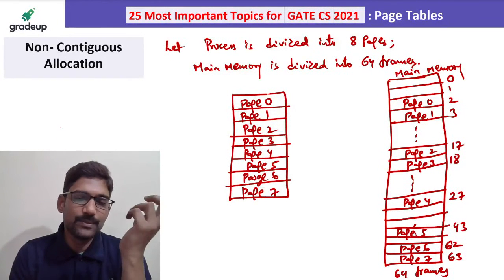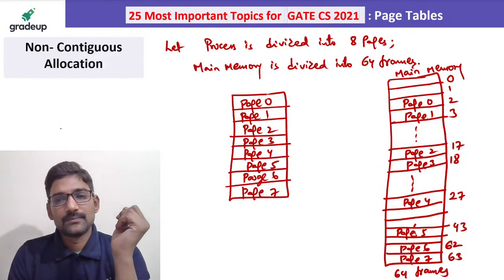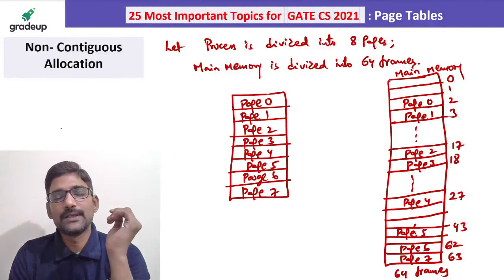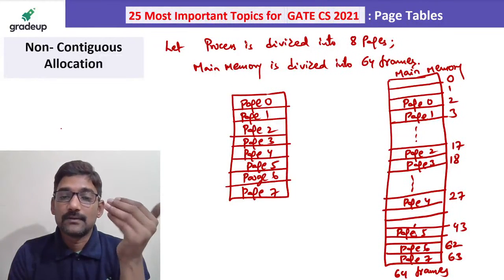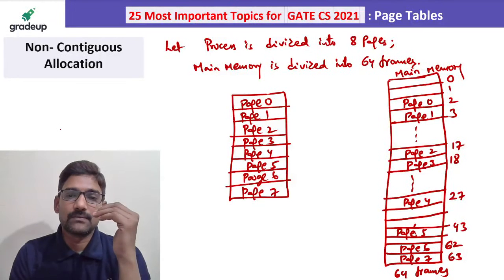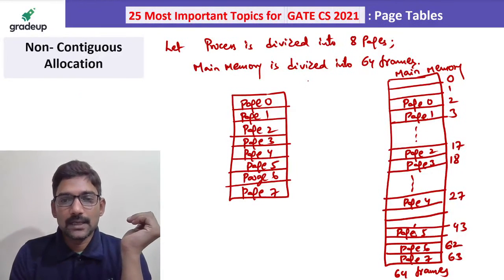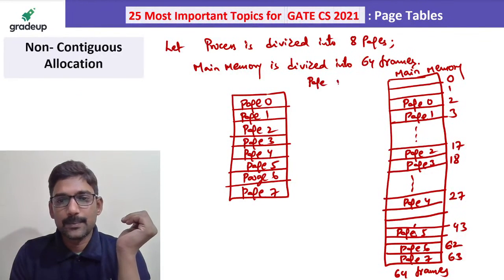Now the CPU may request any page, but in which frame this page is stored has to be stored somewhere. That is what we call the page table.